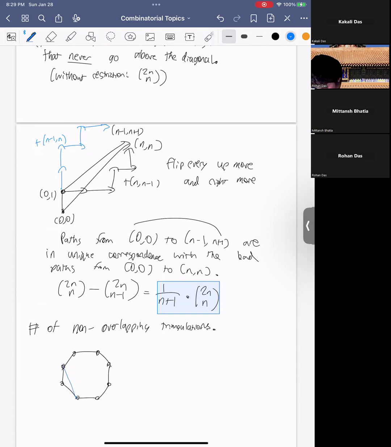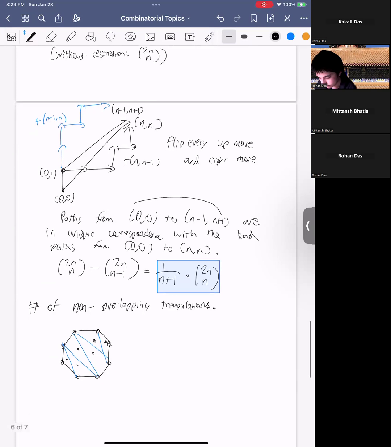One way to do that would be like this. Something like that, where you have one triangle here, etc. And none of these triangles overlap at anything more than an edge or a vertex.